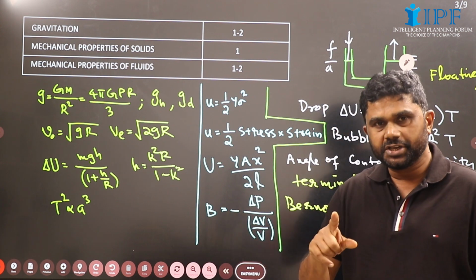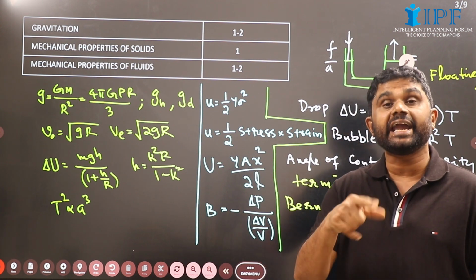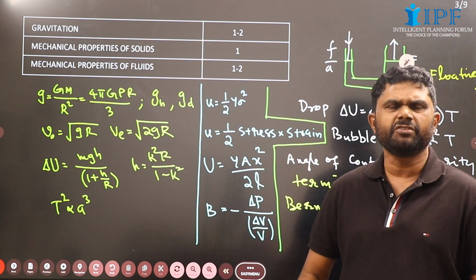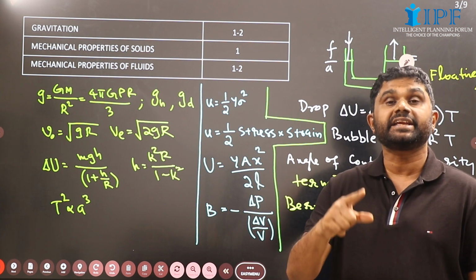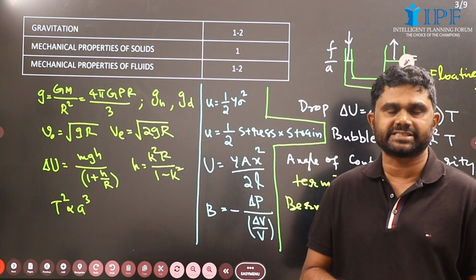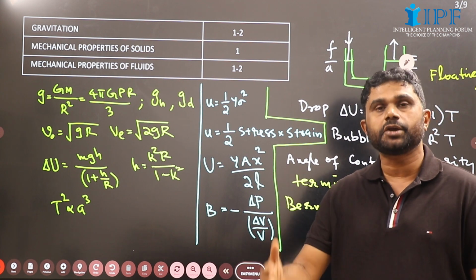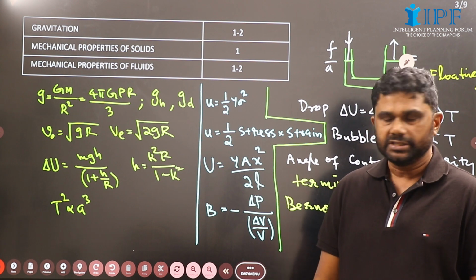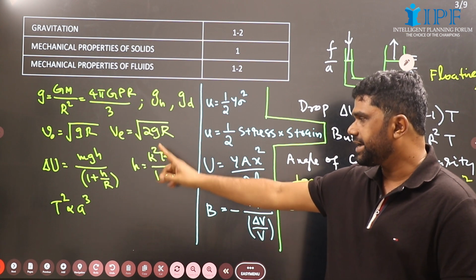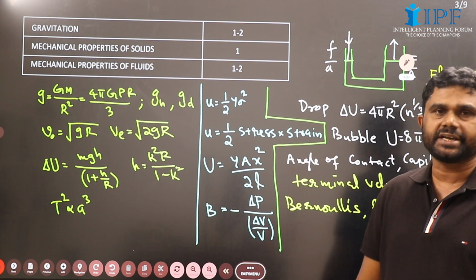Now suppose a body is projected with k times the escape velocity, where k is less than 1. Suppose k equal to half, or k equal to 2 by 5, or k equal to 1 by 3, like that. Then the maximum height attained is k square R over 1 minus k square.